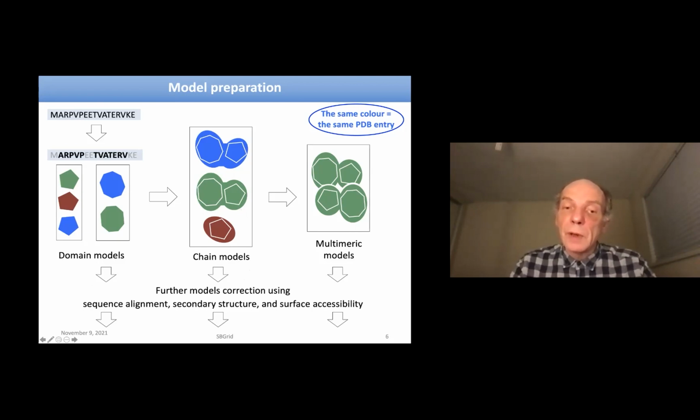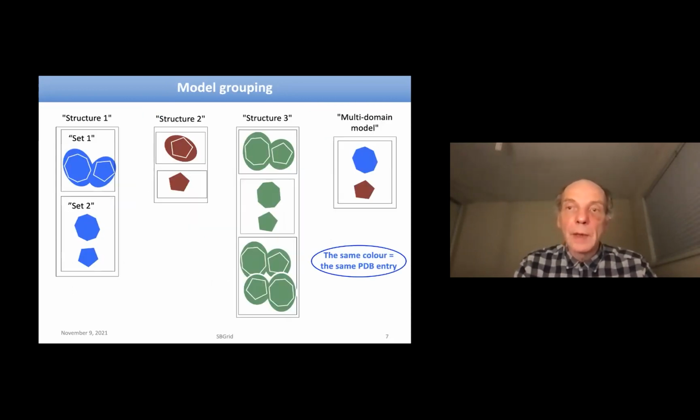Downstream, we have model correction using sequence alignment, secondary structure and surface accessibility. The surface accessibility defines the B factors that will be used in the molecular replacement search. Then all the models are grouped according to the PDB entries they are derived from, and we get structure 1, 2, 3, and so on, as many as you defined in the command line or in the interface.